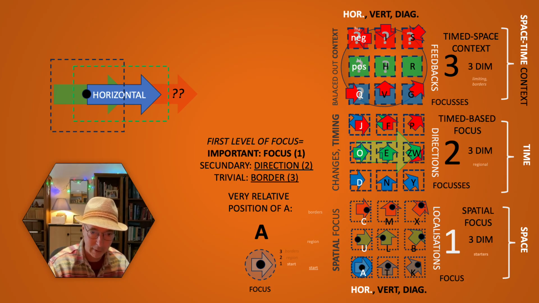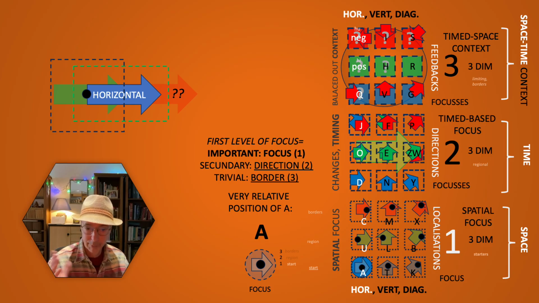It's in that point. Secondary, because that's not so important yet, is the direction. Where is it important? Of course, in the second category, where you have the directions. D, N, Y, O, E, Z, W, G, F, P are all directions. Also in these 3 positions, if you like. Okay, that's already a second part.